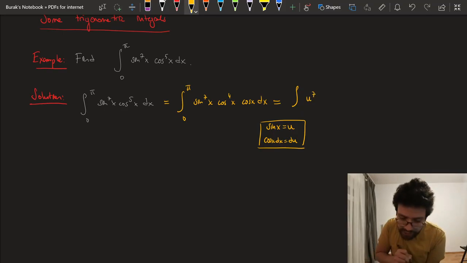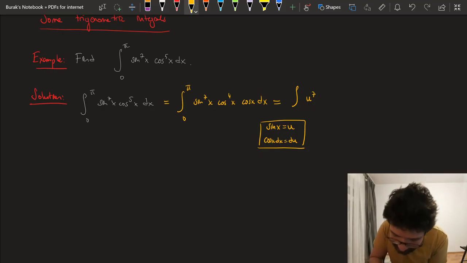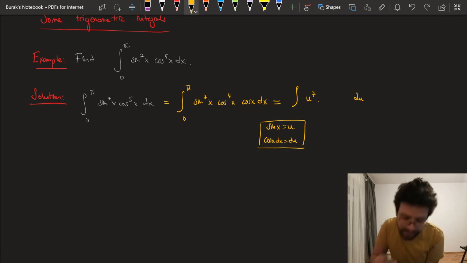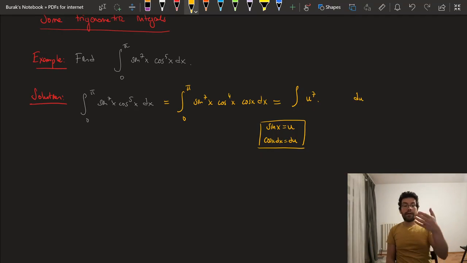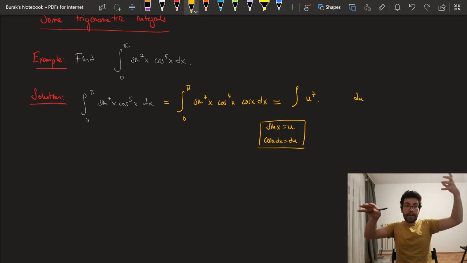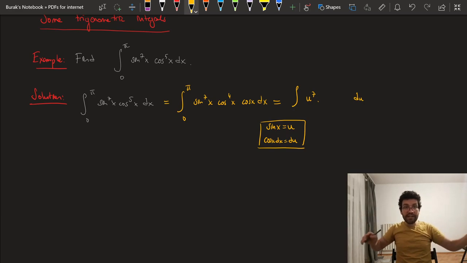Instead of sine I can just write u, so I have u to the power 7 times, instead of cosine x dx, I write du. Now what's going to happen to cosine to the power 4? If the power of cosine is odd and you split one of these cosines, then the remaining power of cosine will be even. In which case, you can write it as 1 minus sine squared to the power something.